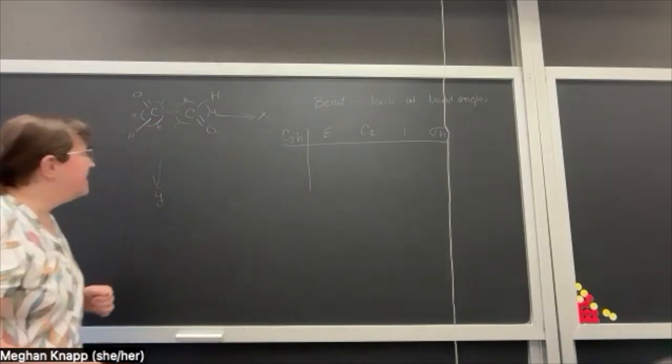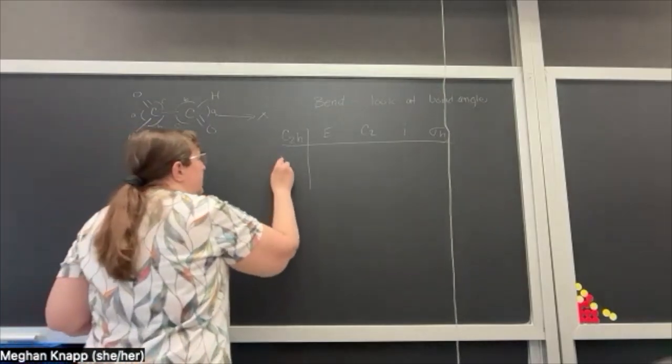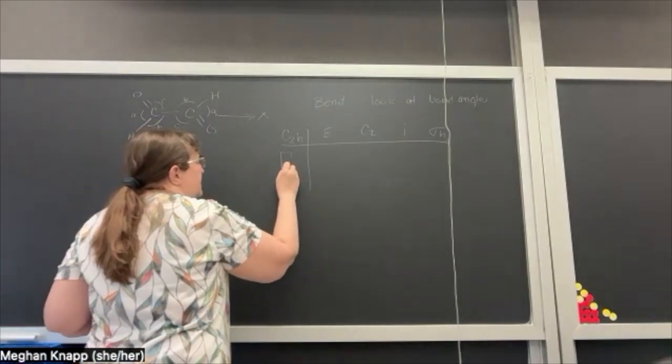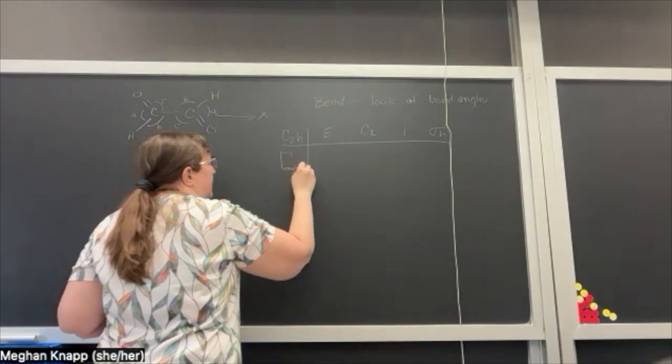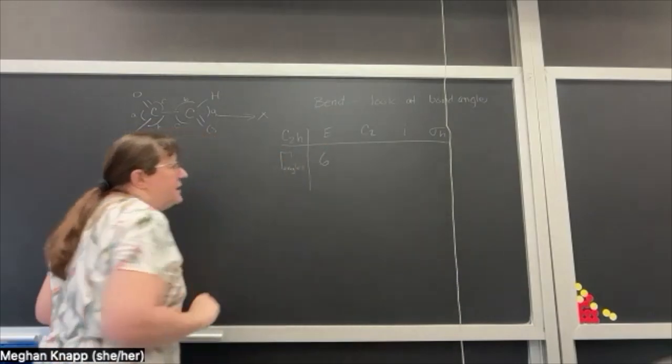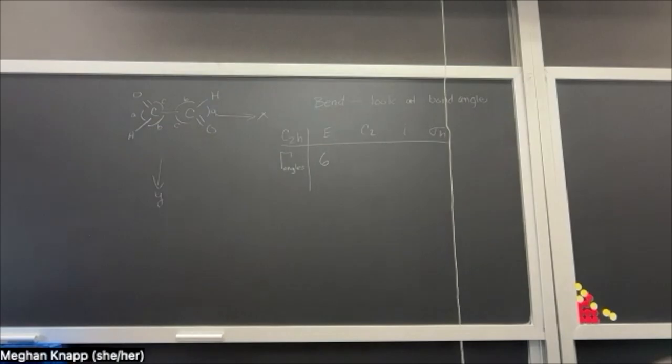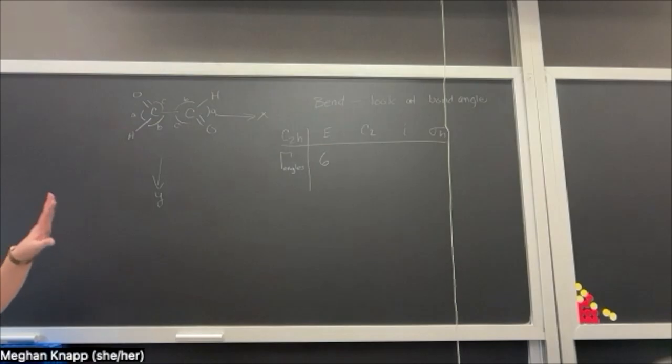So I have 6 angles. My basis is the angle, so I'm going to put angles down here. And since that's my basis, I'm going to put a 6 there. However many objects I have, that's what I write down for the E. Okay.